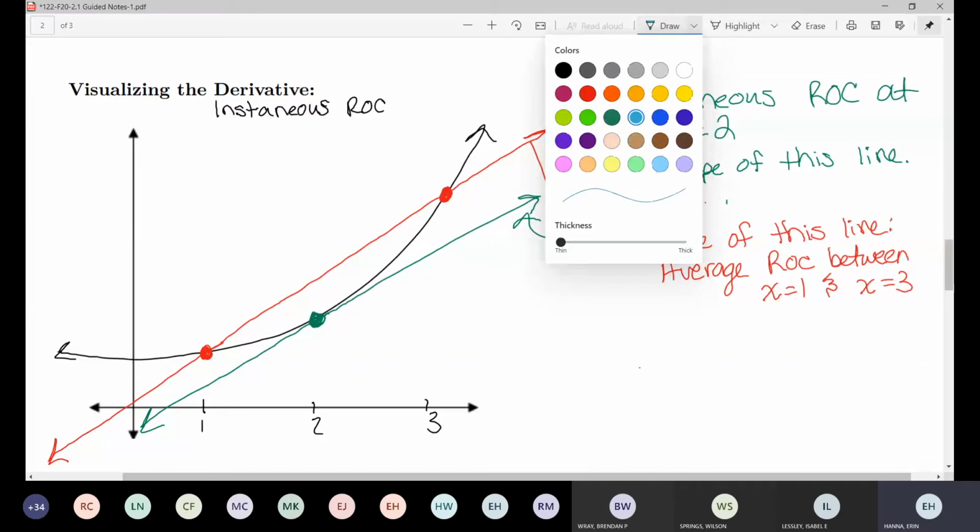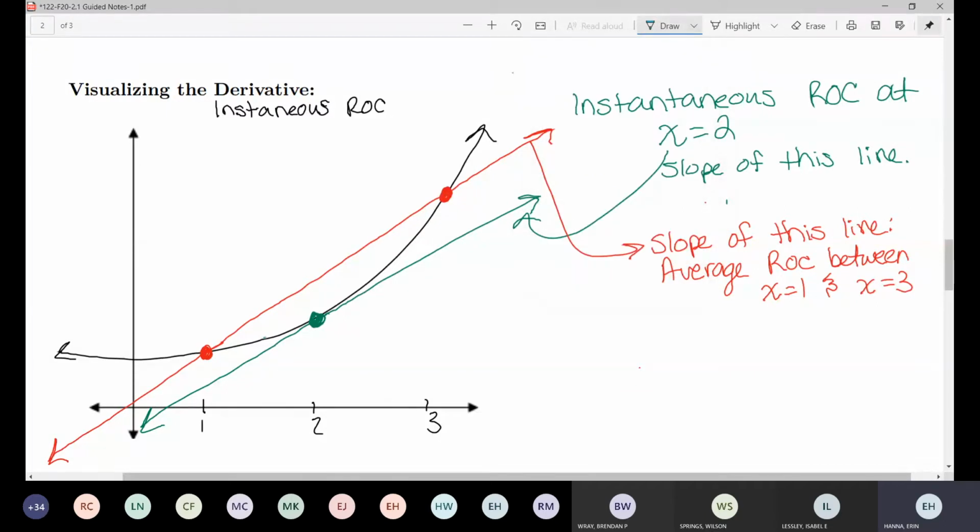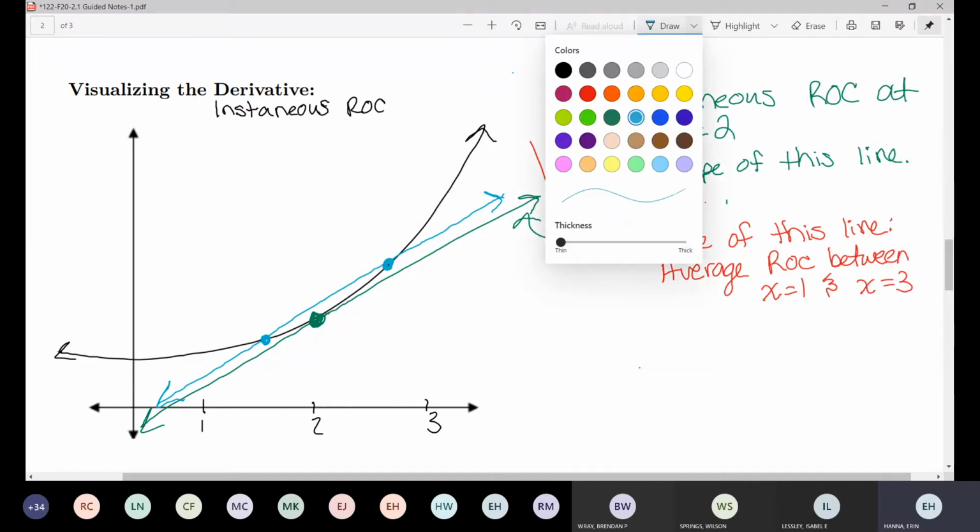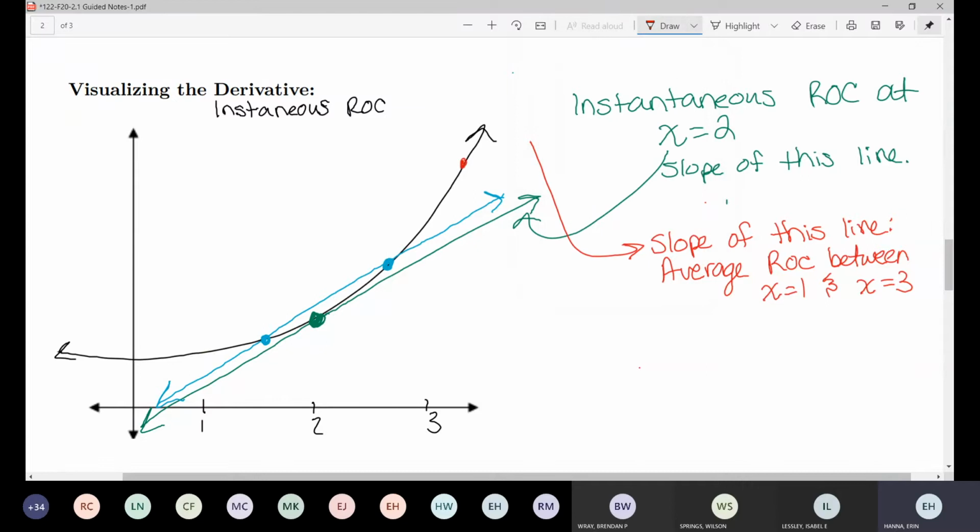Apparently I drew this function in such a way that I kind of screwed myself over, but it's going to be all right. Because now these lines aren't looking like how I wanted them to. But it's okay. You know what? I'm going to fix it by doing this. Let's pretend that point goes up just the tiniest bit more.